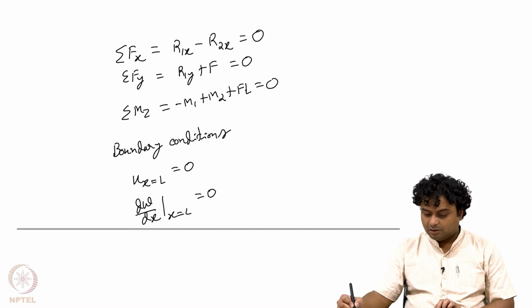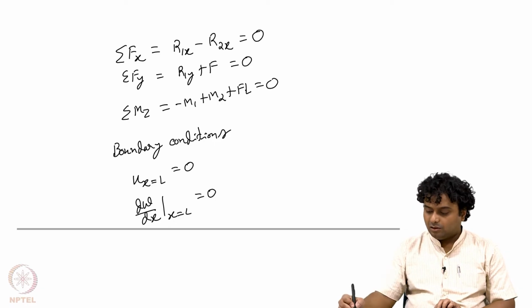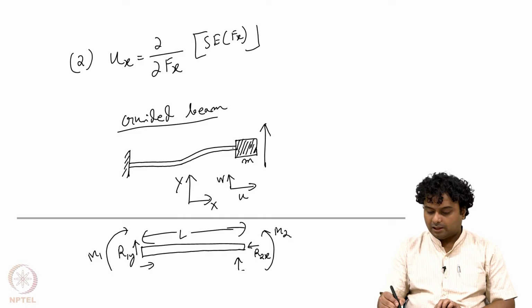How are we getting that? We are getting that because u at x equal to L, x equal to L means this point here, and at this point we don't have any movement in the x direction. So at the tip of the cantilever, the x directional deflection is 0.